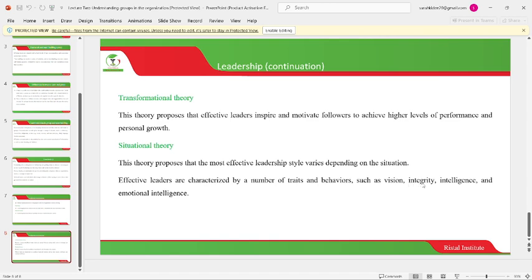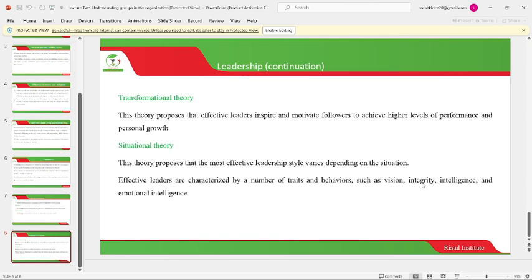When we look at integrity, effective leaders act with honesty, transparency, and consistency. They uphold ethical standards and values and hold themselves and others accountable. And so we have intelligence.